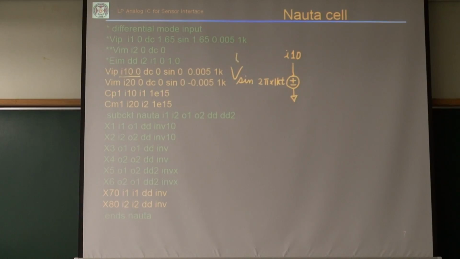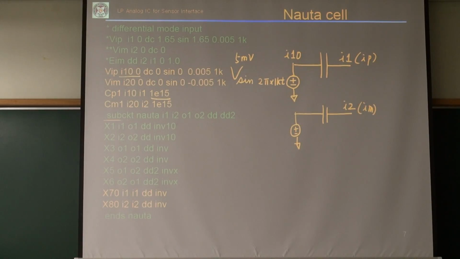Amplitude is just 5 millivolt, right? And then I used a huge coupling capacitor in the I1, huge. And then same thing here, but with a different polarity, right? I2. Yeah, this should be IP and IM.